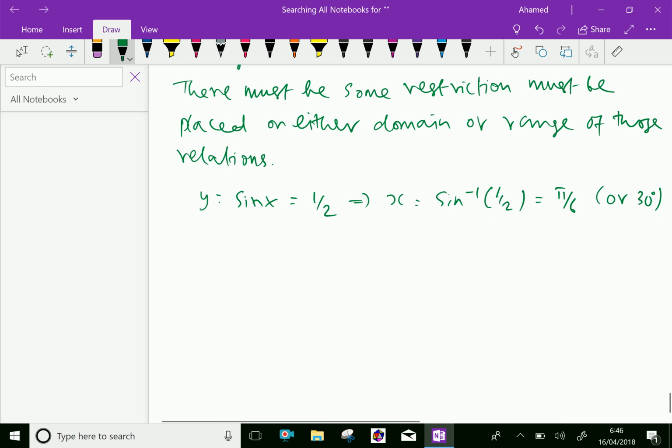Now the same value of x can be expressed, means sin inverse of half also has the value 150 degrees.